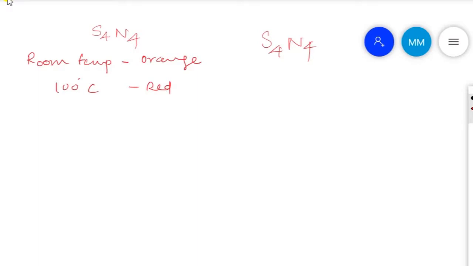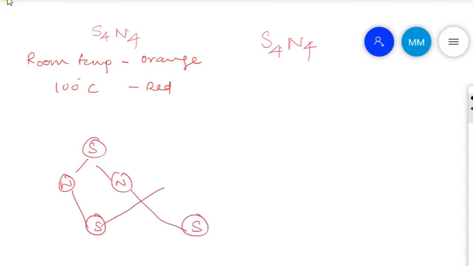And regarding structure, the sulfur and nitrogen atoms are alternately connected. So this is the structure. When you count the structure, you get, so it is alternately linked.